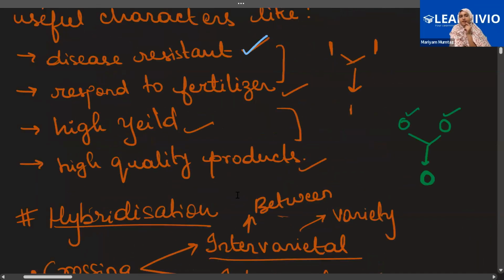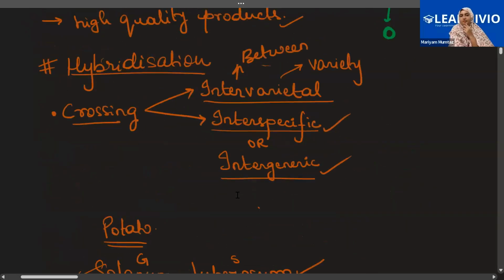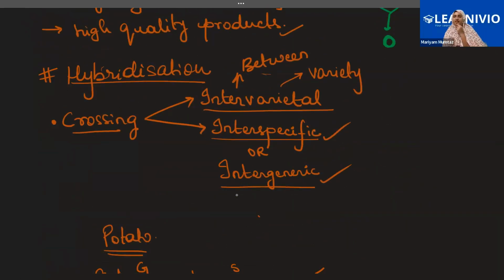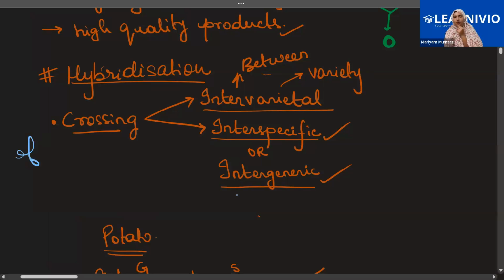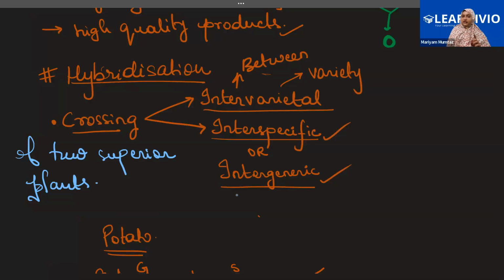So superior crops are the crops that have these useful qualities in them. And apart from that, now we can do the hybridization. Hybridization is the crossing of two superior plants. Whenever two superior plants are crossed, we call it hybridization. Now, this crossing can be intervarietal.